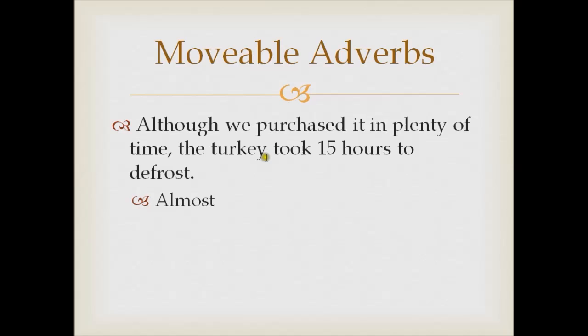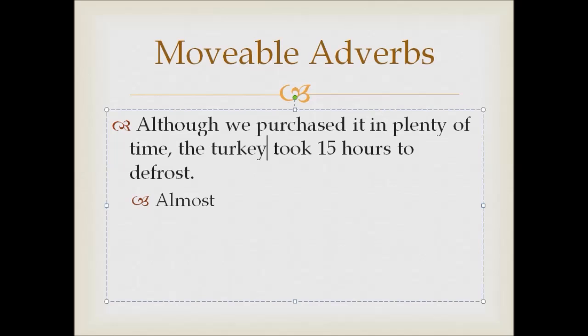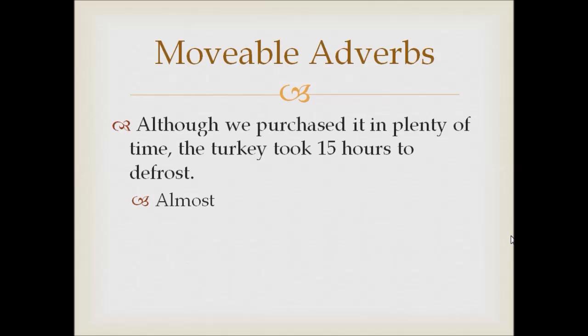If we put it here before took, the turkey almost took 15 hours to defrost. Most likely any listener or reader would be able to figure out what we mean, but it's just not quite as precise. We're not saying it almost took. It's not whether or not it took an amount of time. It's whether or not it was 15 hours that we care about.